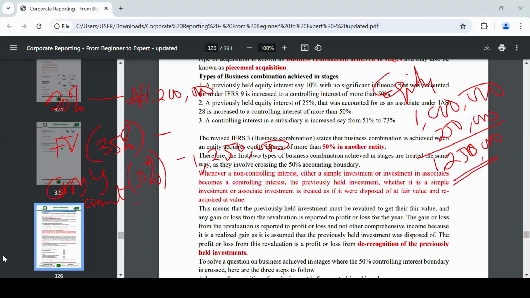Now, how do I calculate this fair value for the 35%? I'll simply say, if I paid a consideration of 1.2 million for 20%, how much is the fair value?